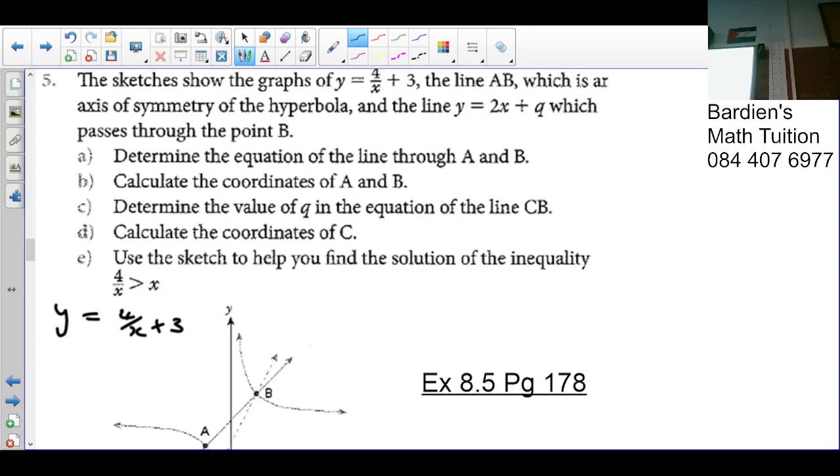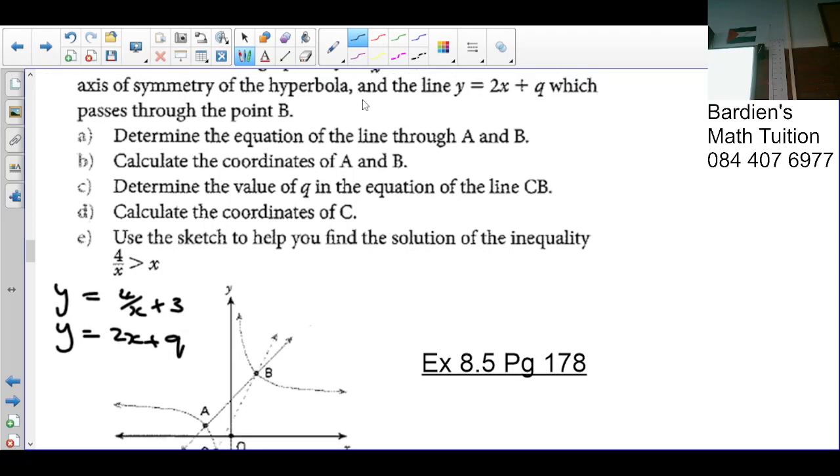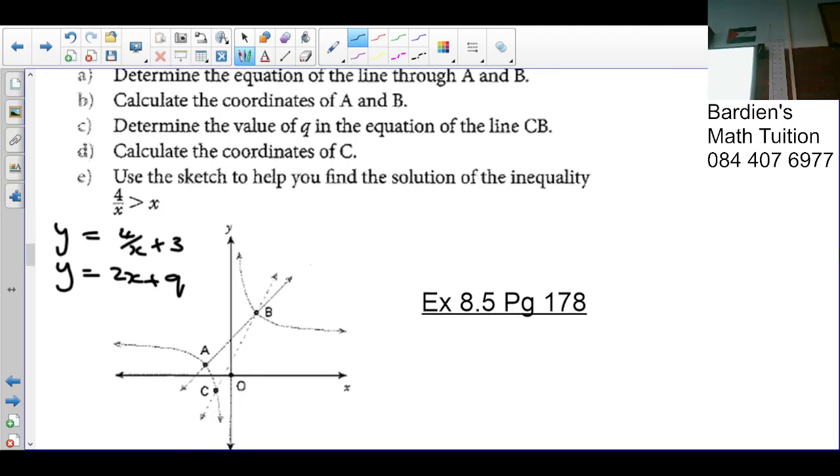And the line AB, which is the axis of symmetry of the hyperbola, and the line y is equal to 2x plus q. So line AB, which is the axis of symmetry of the hyperbola, has an equation in the form of y is equal to x plus c.